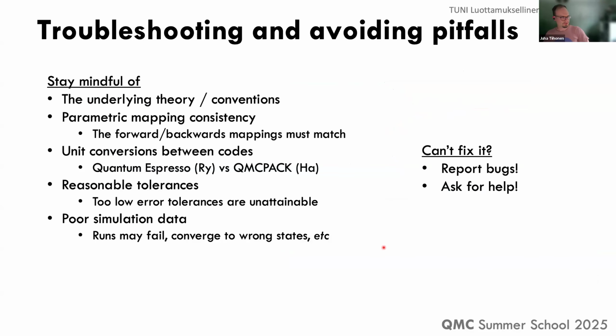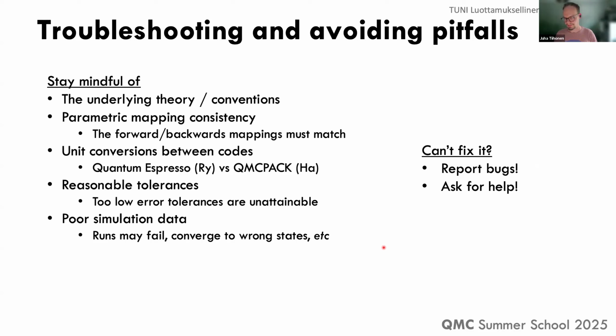Now, for troubleshooting, I recommend that you stay mindful of the actual theory and conventions, so you'll understand what's going on. When you're writing the parametric mappings, make sure that they are really consistent. Be mindful of the conversions of units between different codes, also reasonable tolerances, and the fact that some simulations may not always converge to the right states, runs may fail, and this may cause you some gray hair.